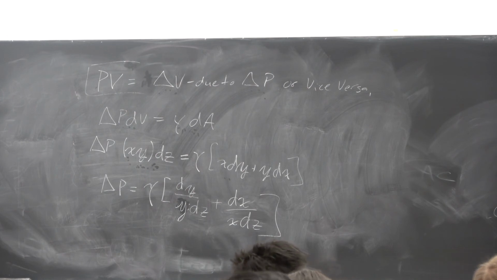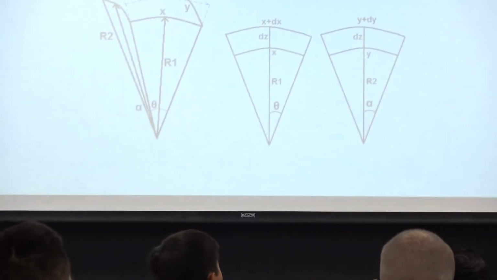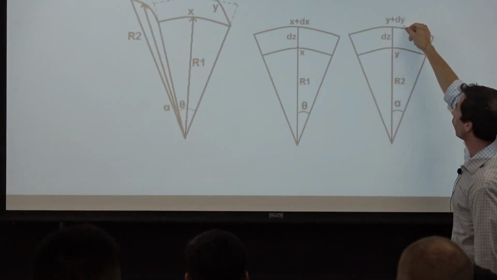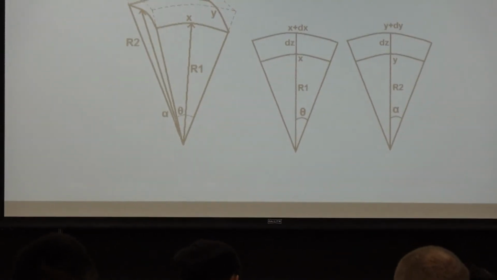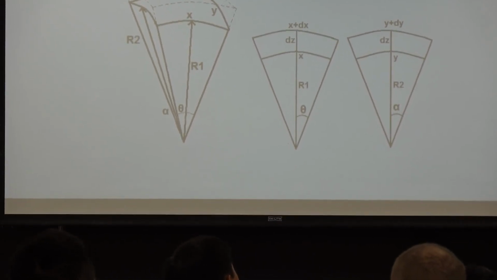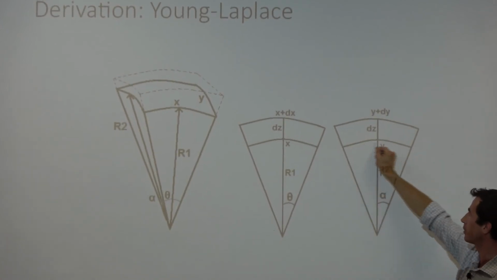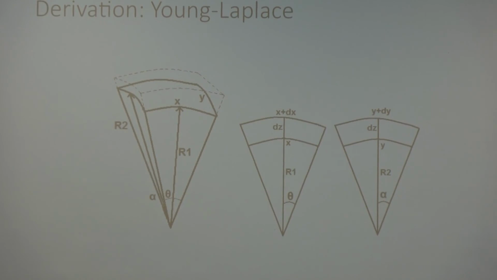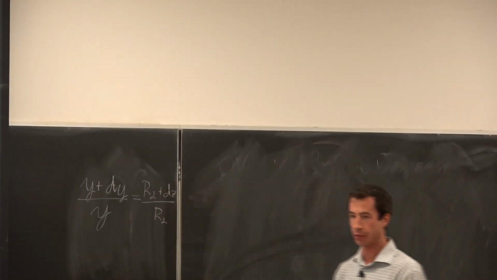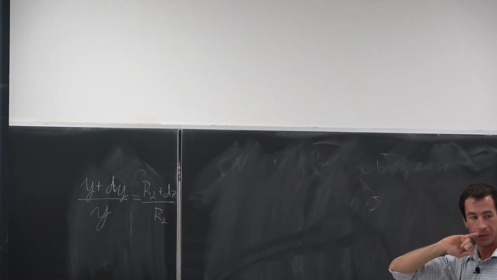So if we assume that these look like triangles, then we can assume that the ratio of y to dy, this ratio, that's y plus dy, and that's y, is equal to the ratio of this, R2 over R2 plus dz. Does that make sense, that those ratios would hold?